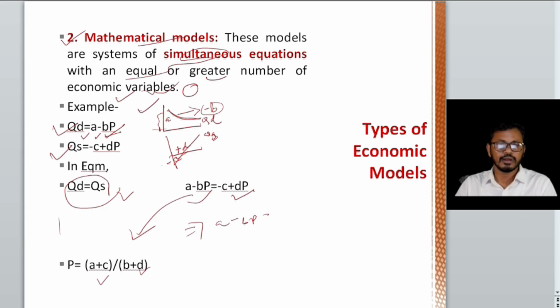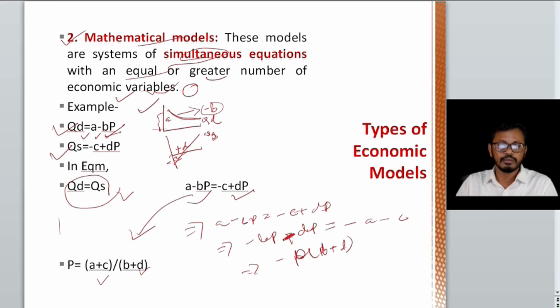Here, A minus BP equals minus C plus dP. I'm solving it very quickly. If you solve it in favor of P, you will get minus BP minus dP equals minus A minus C. Take minus as common: P times (B plus D) equals minus (A plus C), and the minus cancels out.